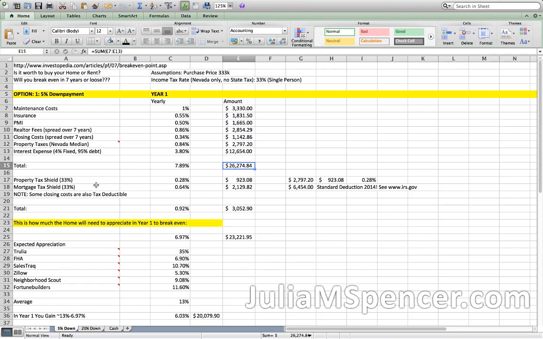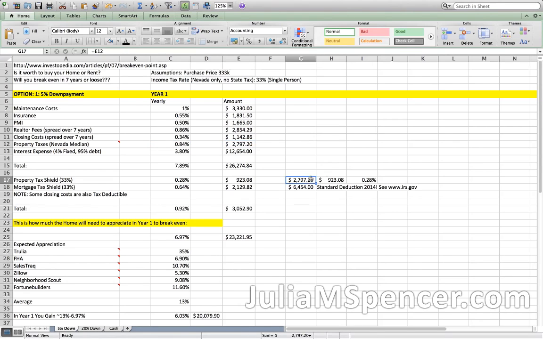Now we're getting to the deductions, which is what you can take off your taxes. The property tax shield has to do with the property taxes up here. So basically, this number right here is the same as this number. That's the one that we calculated. The 333 times 0.84 gives us this tax dollar amount per year.